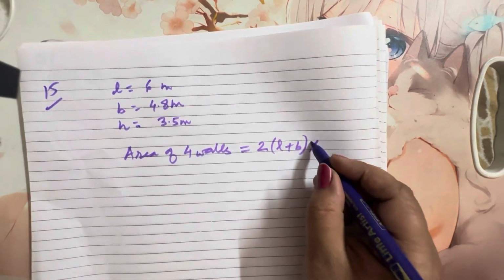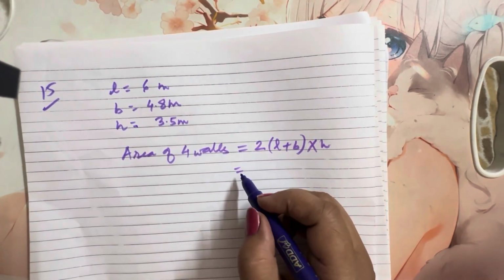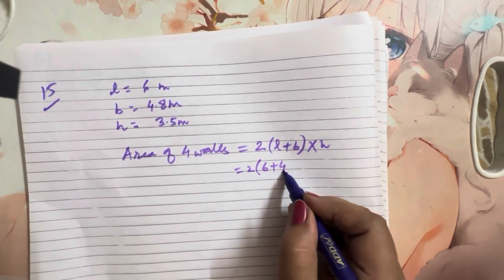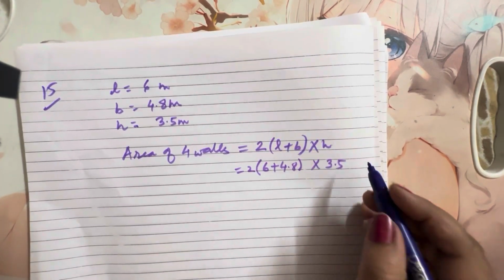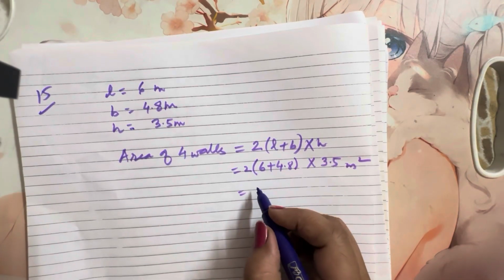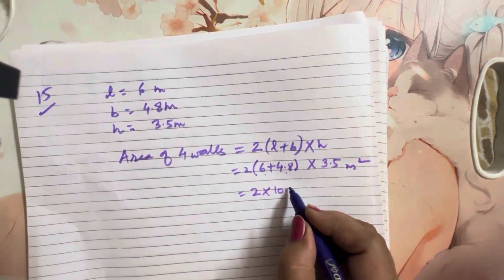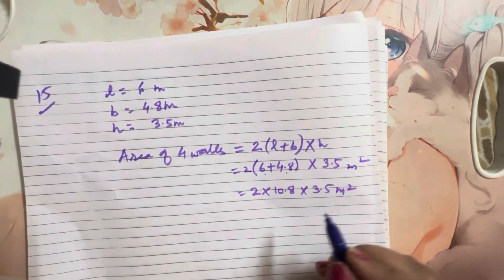We multiply the perimeter by the height, then we will get the area of four walls: twice of 6 plus 4.8, multiplied by 3.5 meters square. So when we add them, it comes to 10.8 into 3.5 meters square.